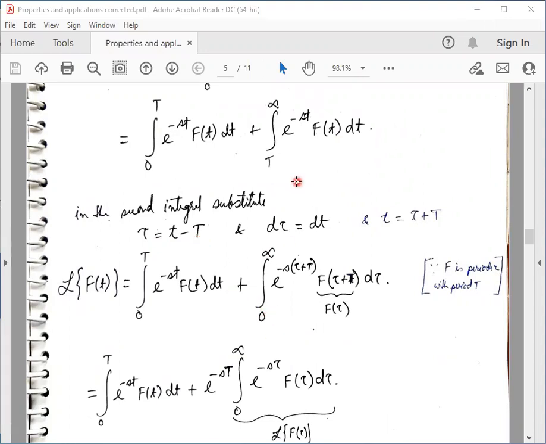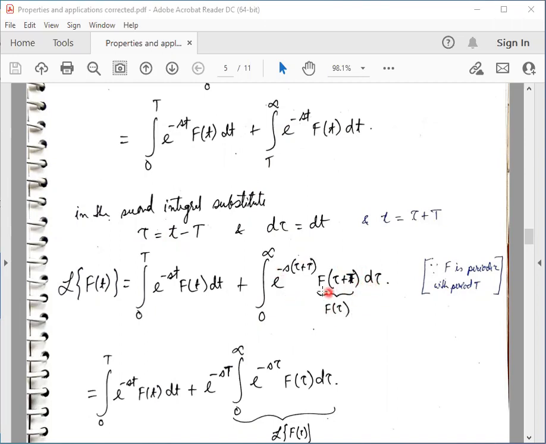So the limit capital T to infinity changes to 0 to infinity, and f of tau plus T, and dt becomes d tau. Now we have substituted t by another variable tau, so we get the integration in terms of tau.